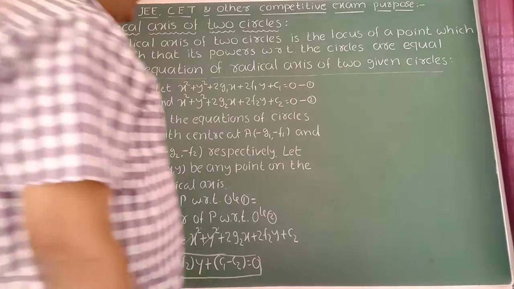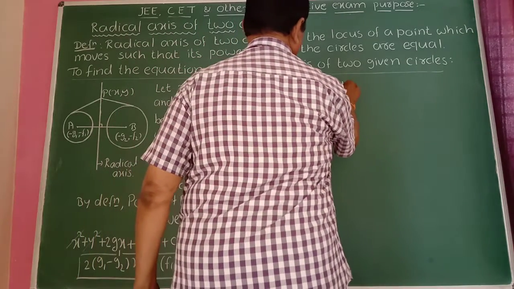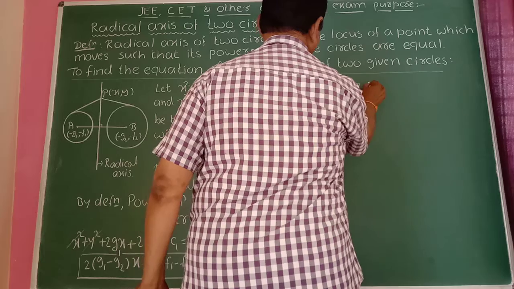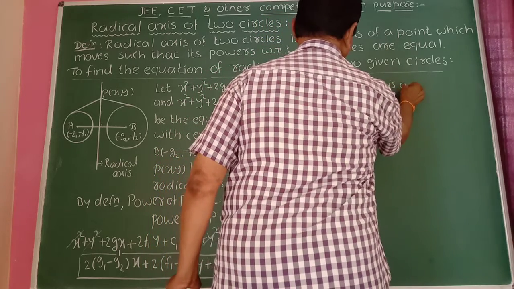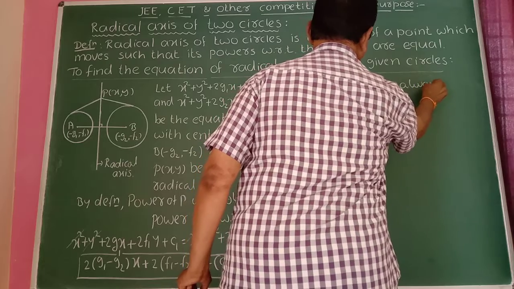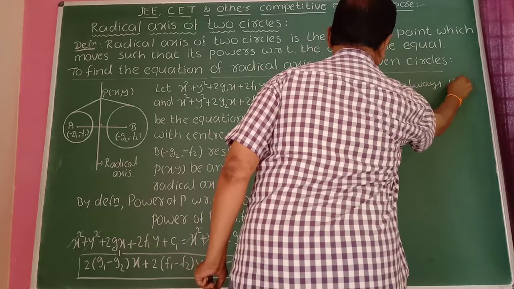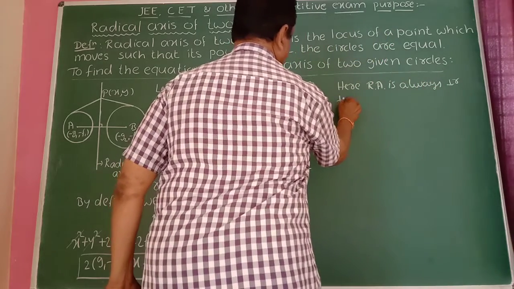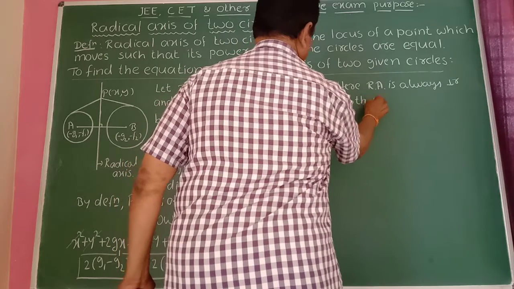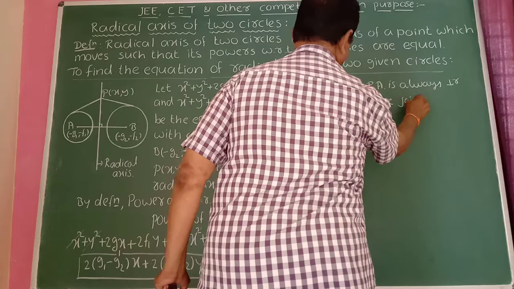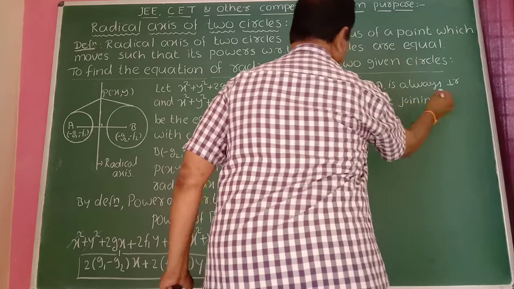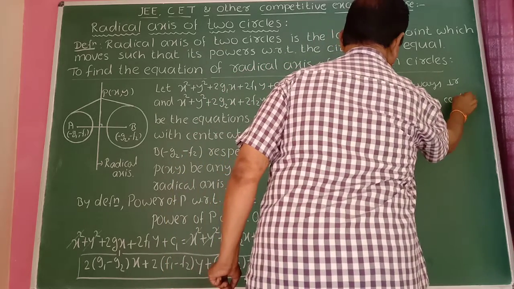So here, the radical axis is always perpendicular to the line joining the centers of the circles.